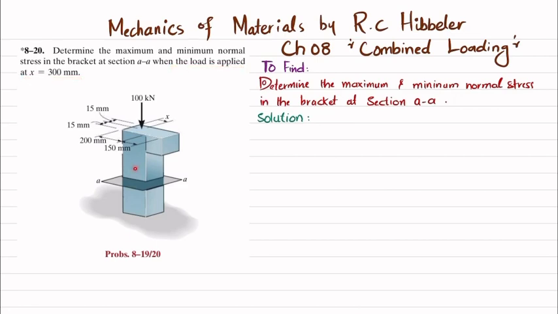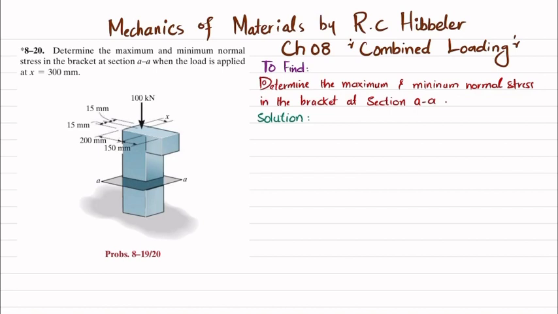So you can see this is the bracket where a load of 100 kilonewton is applied. The direction of X is given from this line. So here X is equal to 0, and you can increase X from this line. And you have to find the maximum and minimum normal stress when you section it at AA.